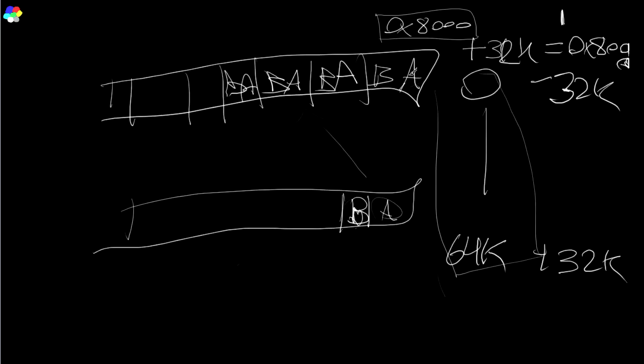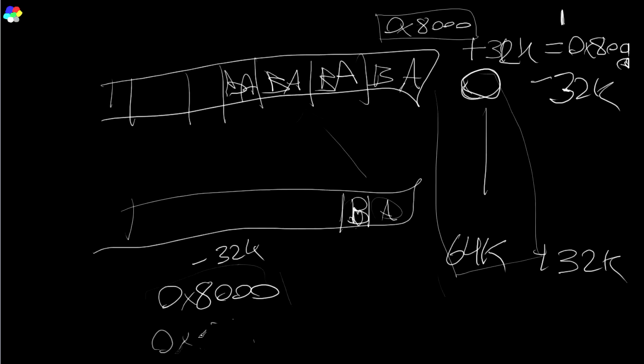So when we add this value to the smallest signed number, you get the smallest unsigned number, because this number here is the smallest negative signed number. So this is negative 32K. 0xFFFF is negative 1.